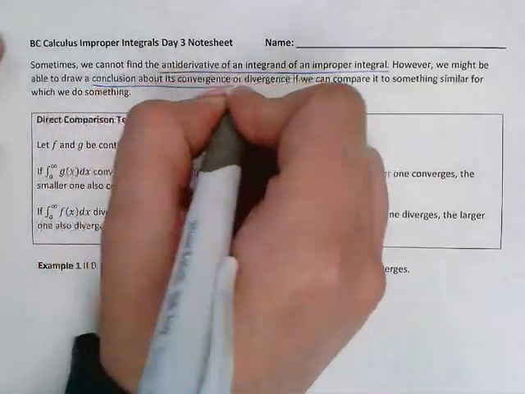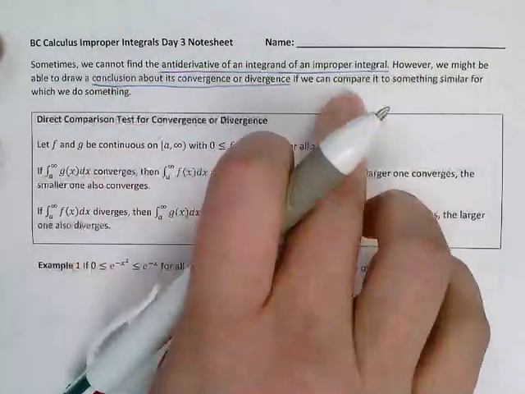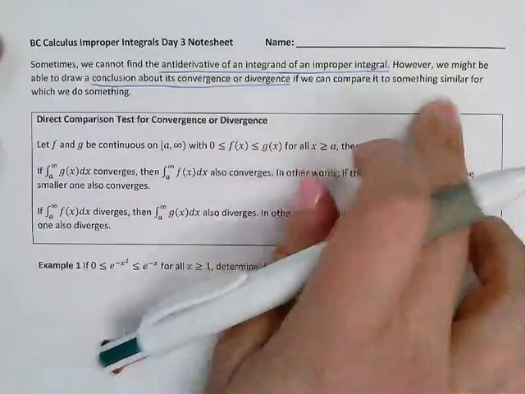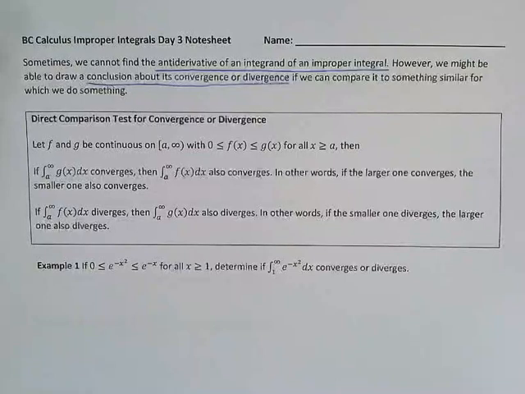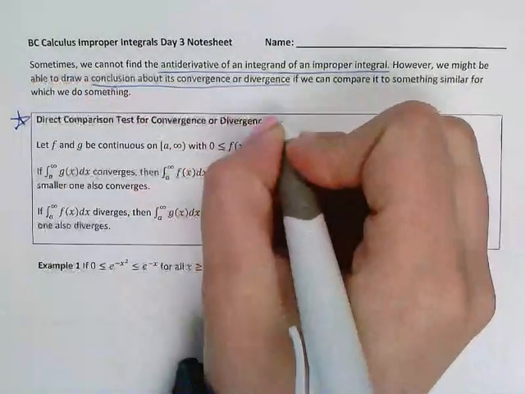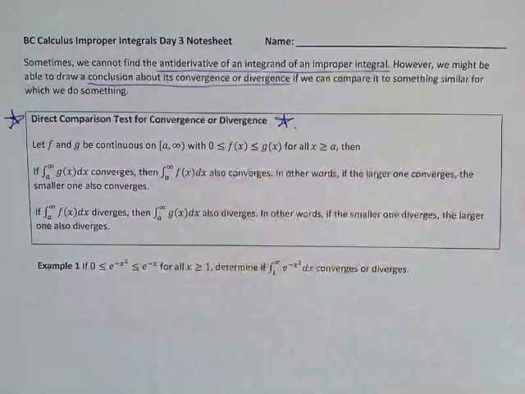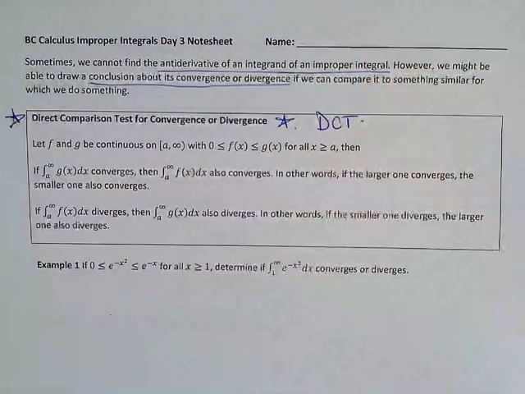So we can't really integrate, but we can draw a conclusion if we can compare it to something similar that we already know. So this is called the direct comparison test for convergence and divergence, aka DCT.